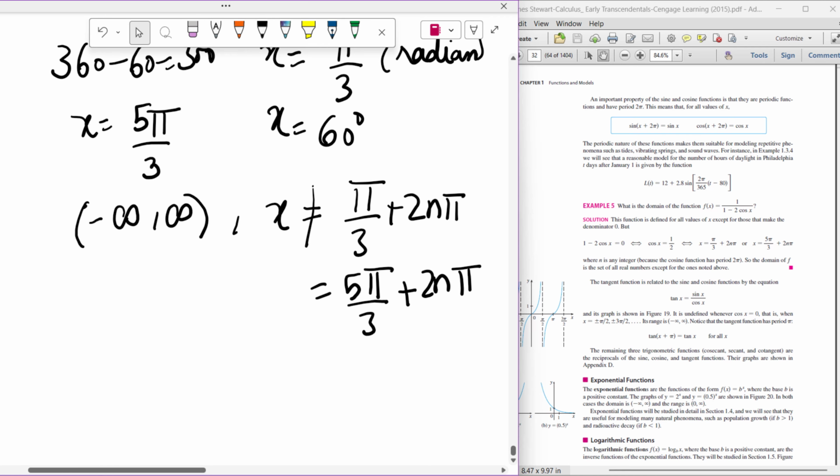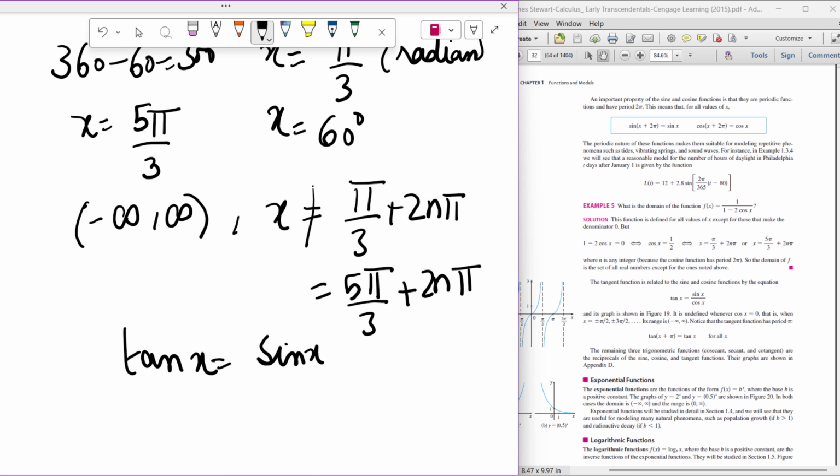So this is about the sine and cosine functions. Similarly, when we talk about the tangent function, tangent of x is equal to sine x over cosine x.